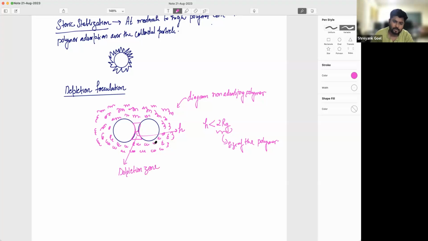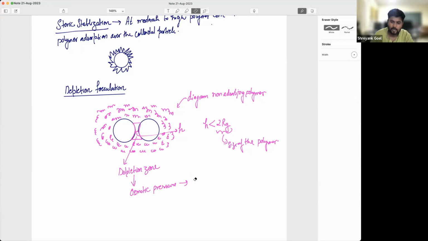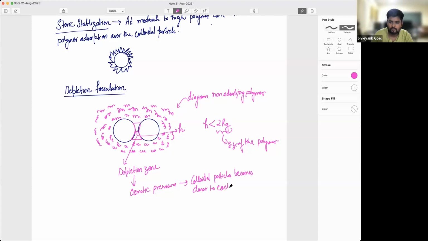That is formed, and due to this depletion zone, there is an osmotic pressure, due to which the colloidal particles become closer to each other.